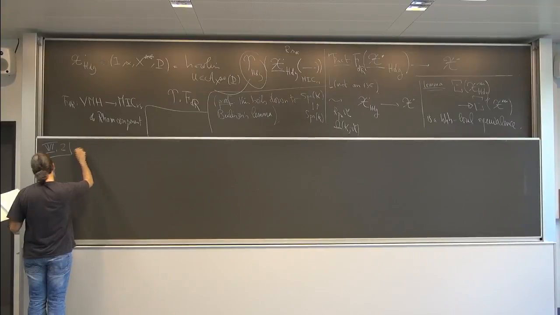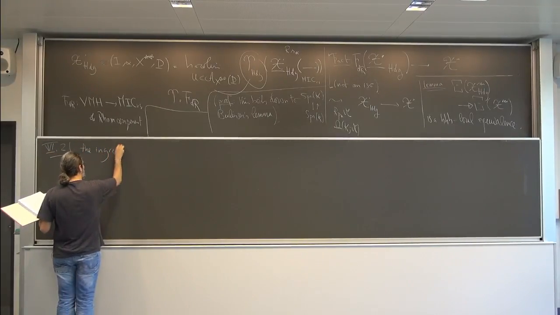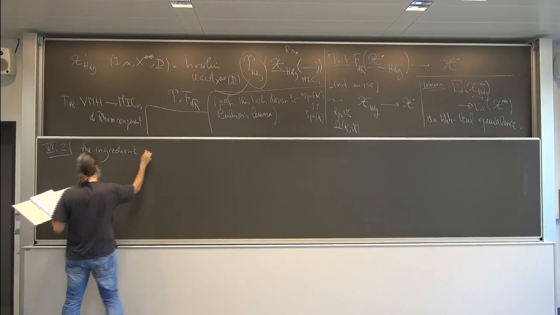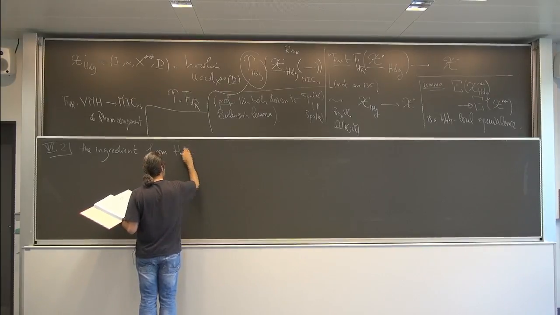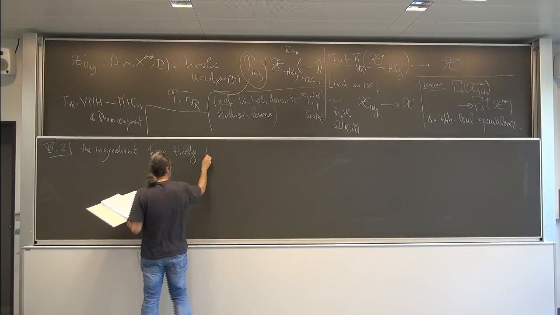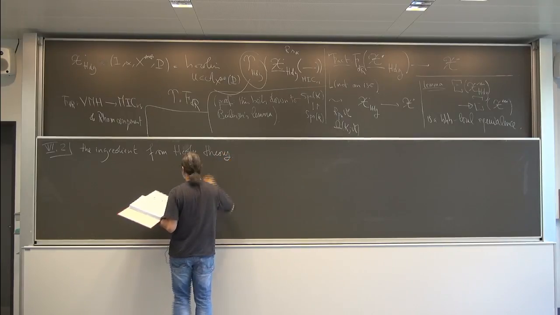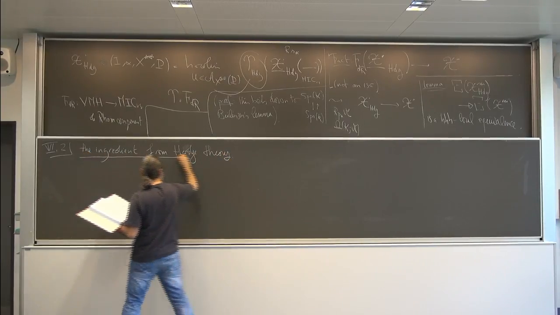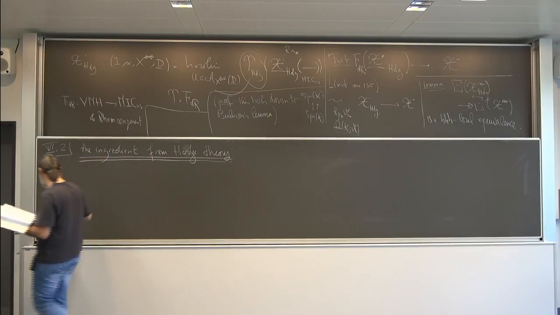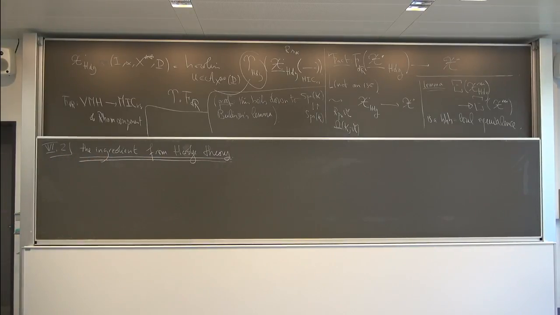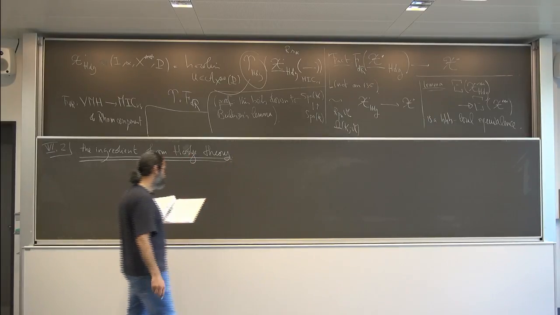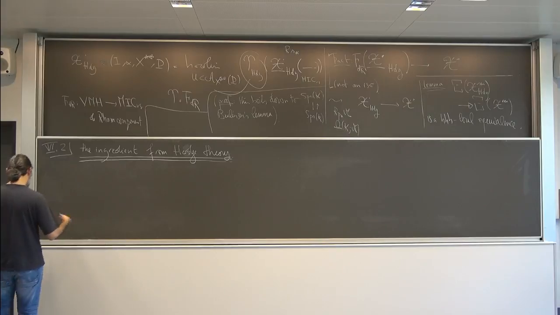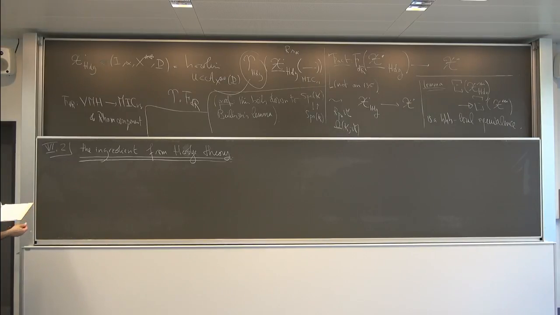which will be so here I will describe the ingredient that comes from Hodge theory. Okay, so somehow motivated by this discussion here, we now put ourselves in the following general situation.